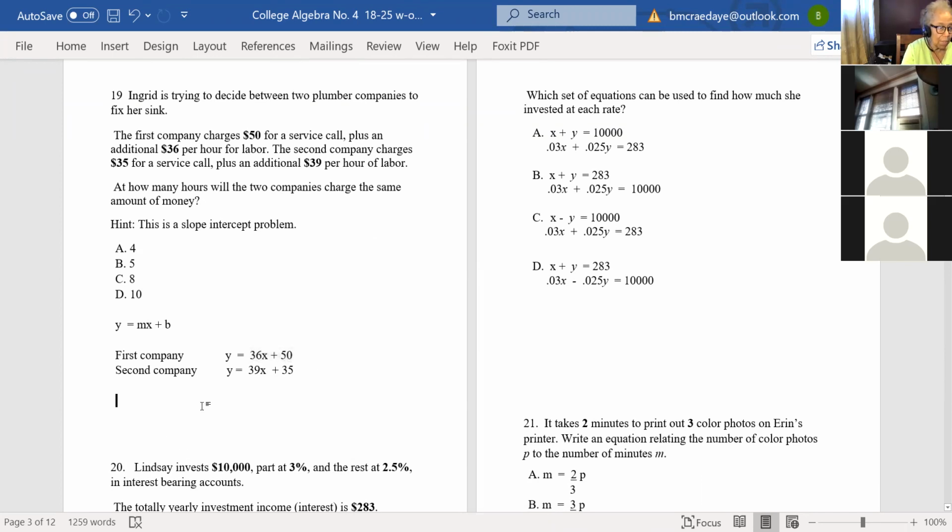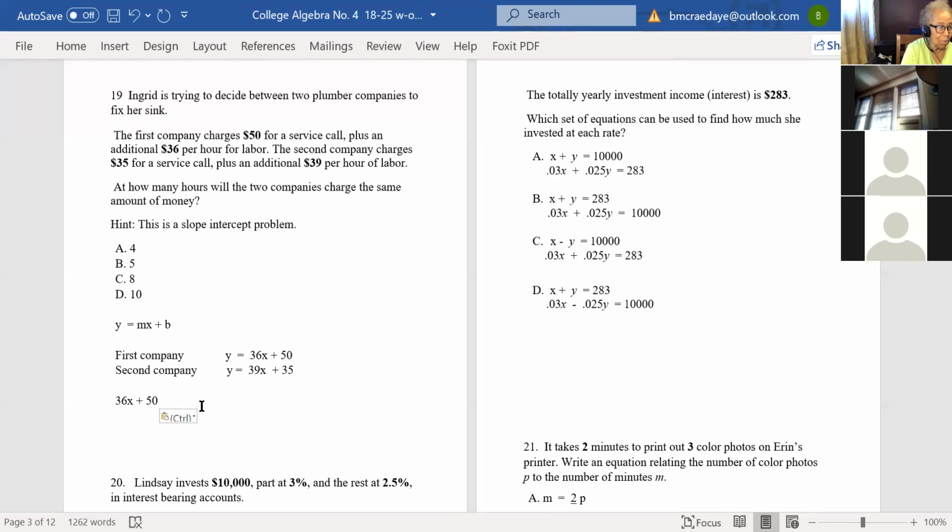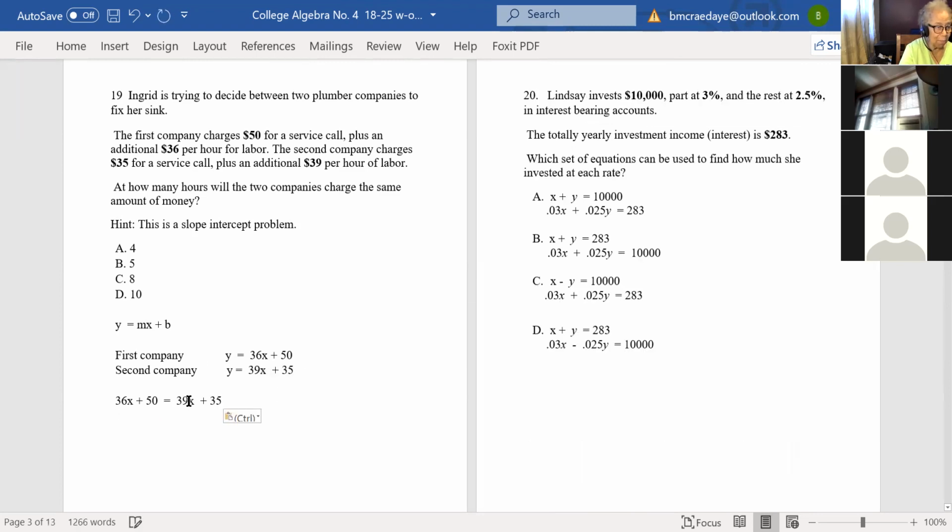You can set them equal because at that point it's the same number of hours. Now let's set that equal to 39x plus 35. You tell me what x is. Okay, how would I solve for x, Chastity?